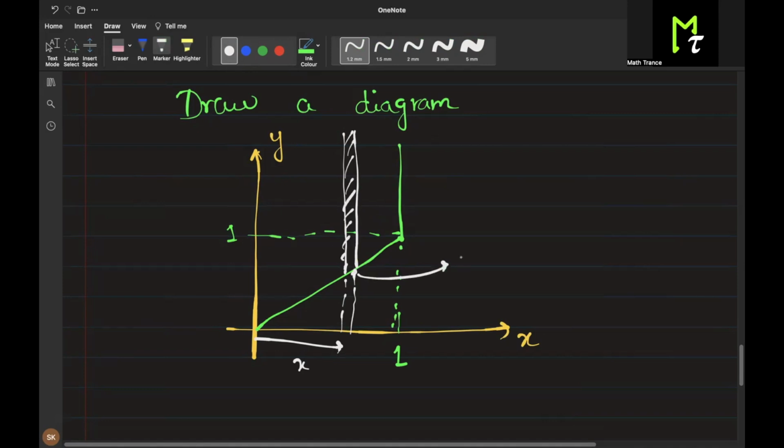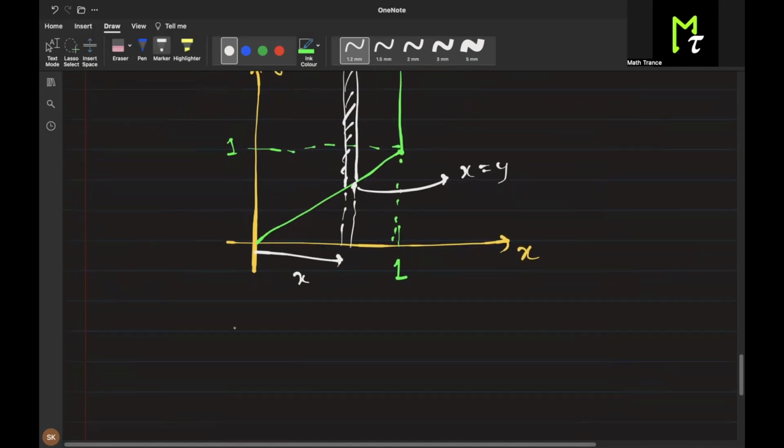This value is x equals y. So as your first strip is for x, and your x limit is going from 0 to 1, you write this. And as soon as you write this, write a dx here. Right? Now, for this strip, go to a height y and cut dy. So this you will get.